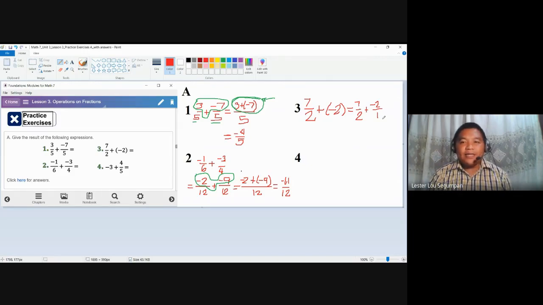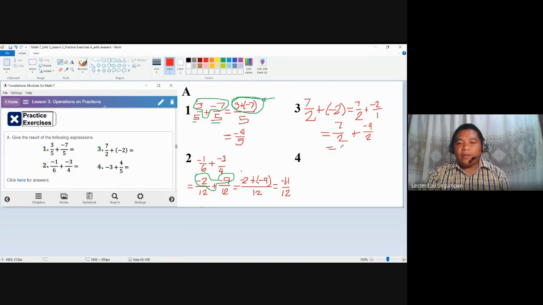The purpose for this is by determining the denominator 1, we see that the two fractions now are dissimilar. So we proceed again in finding LCD, which is actually just simply 2. So you have here 7, and because you multiply it by 2, you also do it for the numerator. So you have negative 4.